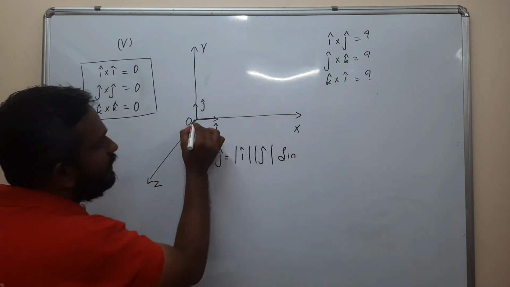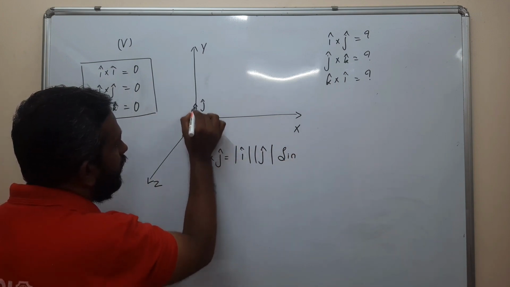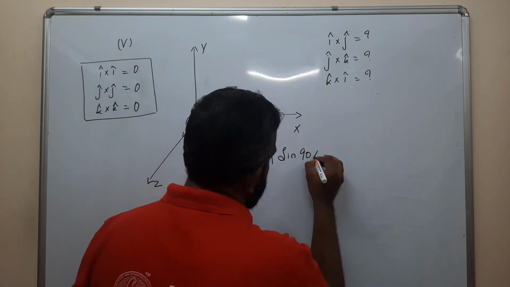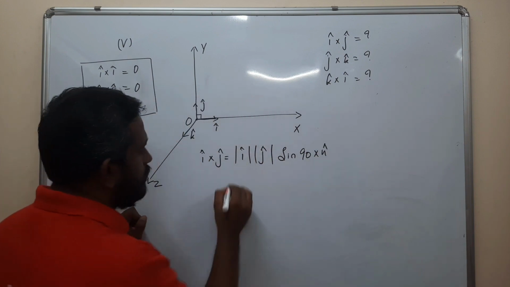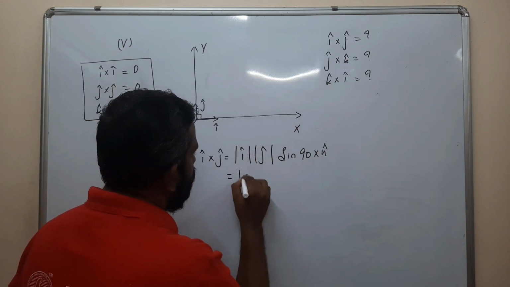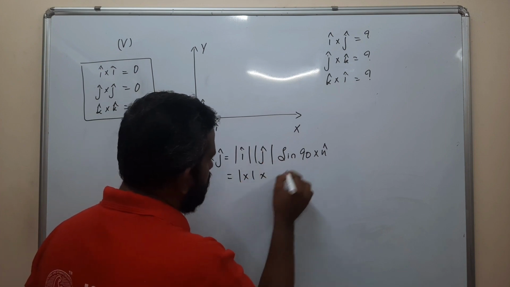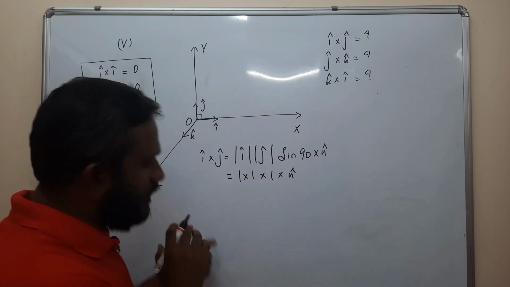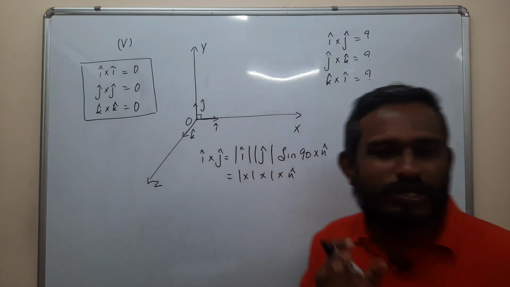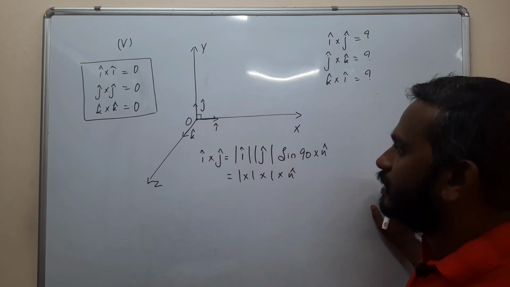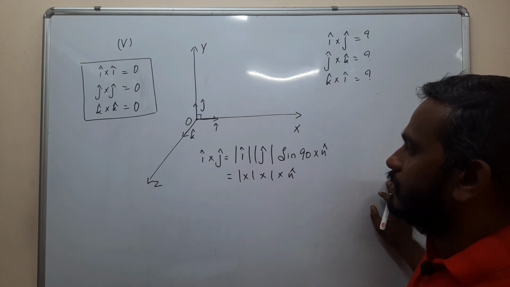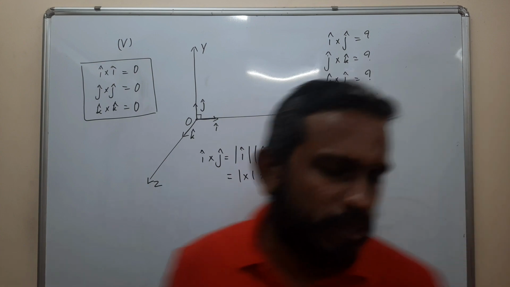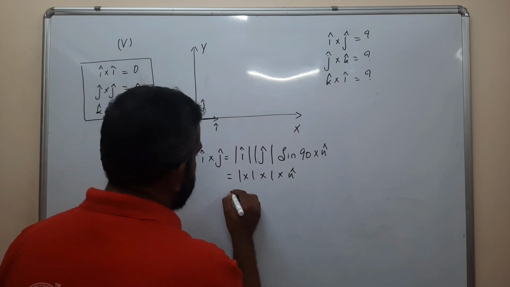So what is the angle between I vector and J vector? That is 90 degrees. So sin 90 into n cap. So that's equal to 1 into 1 into sin 90 into n cap. So I cross J is nothing but a unit vector, that is equal to n cap only.